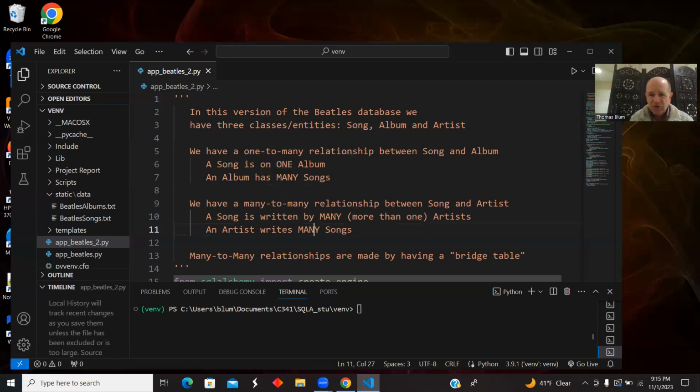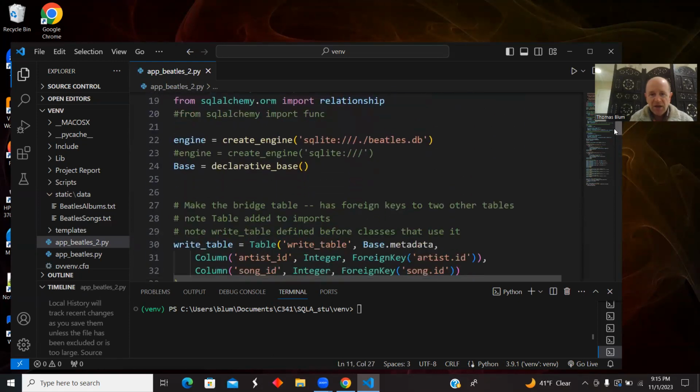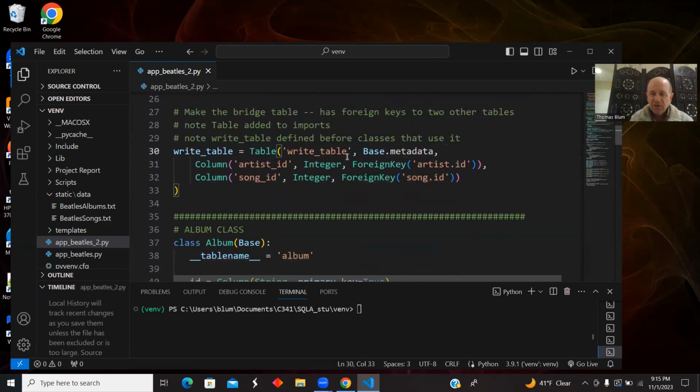So then I introduce the write table. For John Lennon writing a song, I will have in this table a record with John Lennon's ID and that particular song's ID.